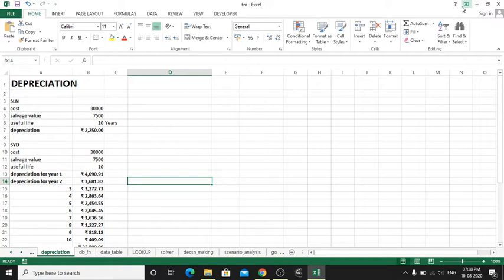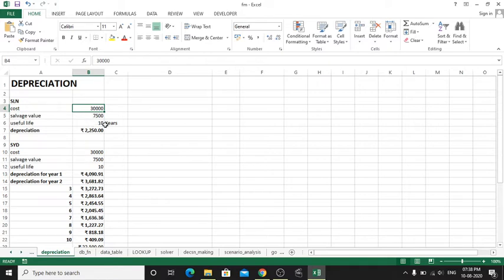So this is the function we have. For calculating the SLN, consider we have a cost of 30,000 with a salvage value or residual value of 7,500 and a useful life of 10 years.